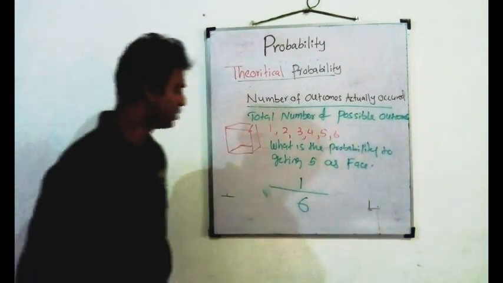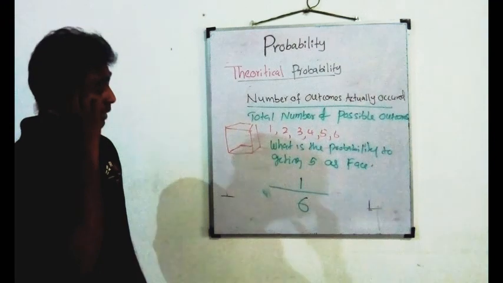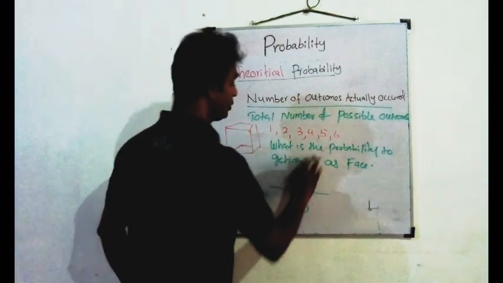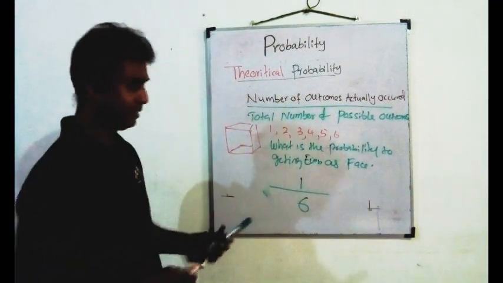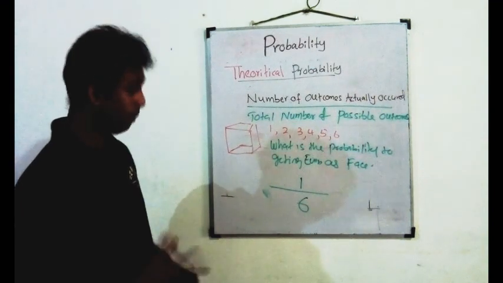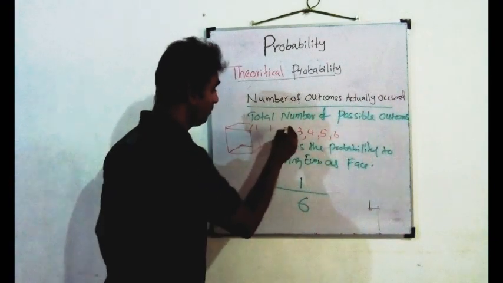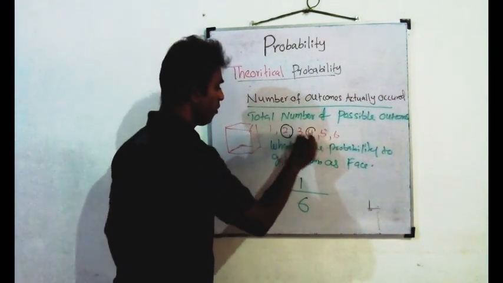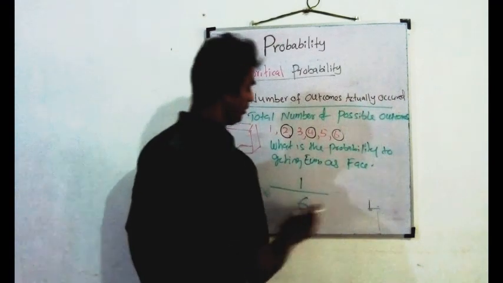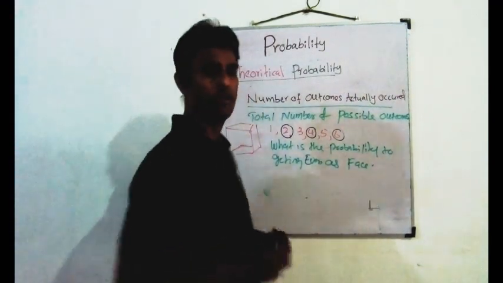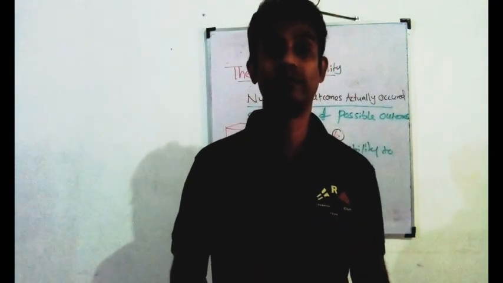Next, my question is, what is the probability of getting an even number as the face? How many even numbers are there? 2, 4, 6 are the even numbers. How many total outcomes? Total outcomes means the number of faces on this die; there are only 6 possible outcomes.